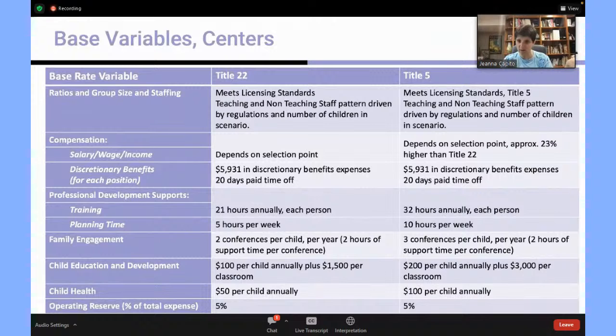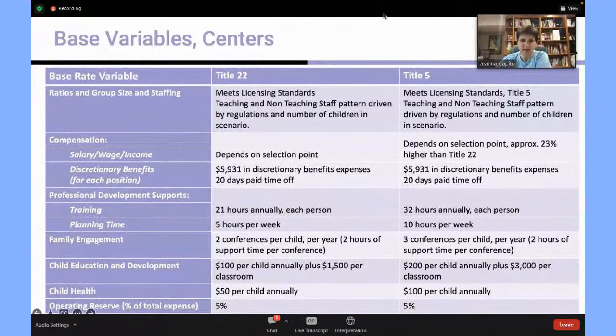In the training and professional development line, training has 21 hours annually per teaching position in the Title 22 program, as well as the director, since that's a licensing requirement. And then Title 5 has 32 hours annually.